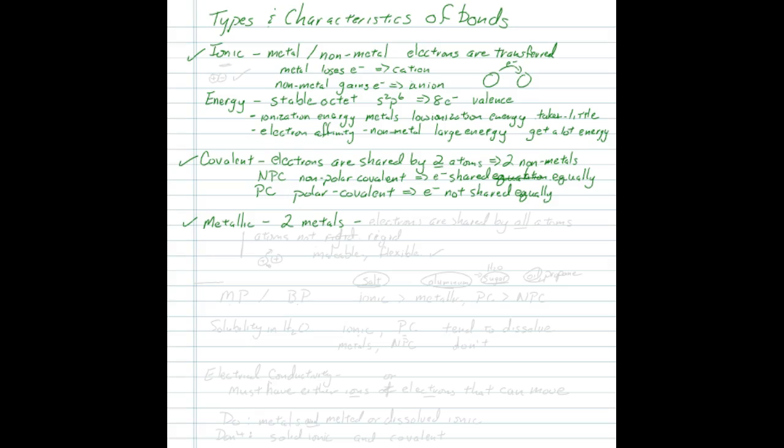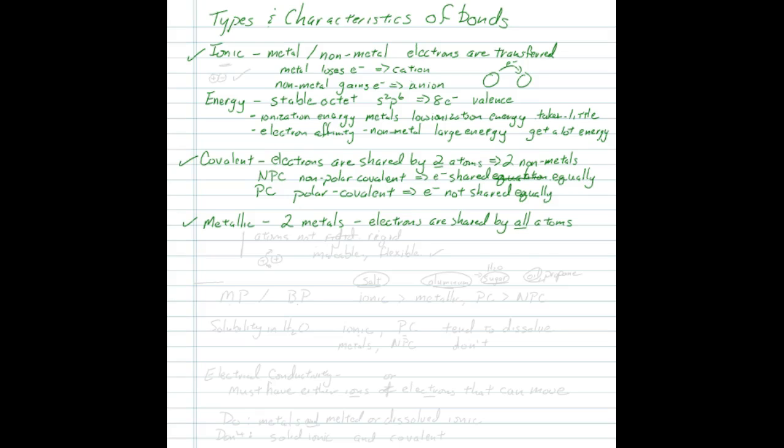And here, the electrons are shared by all the atoms. The electrons are able to move throughout the substance. They're not located around one atom or a pair of atoms. They can move wherever they go.